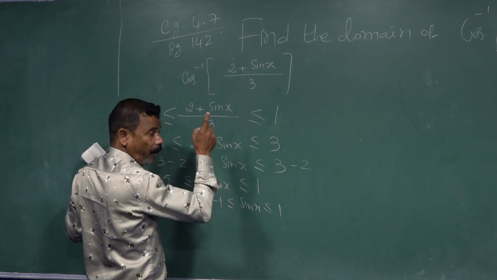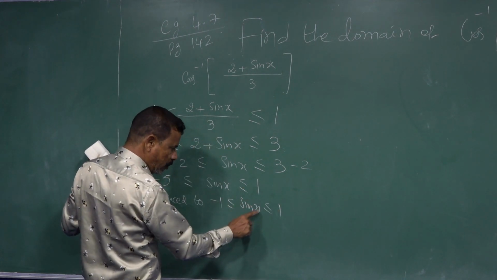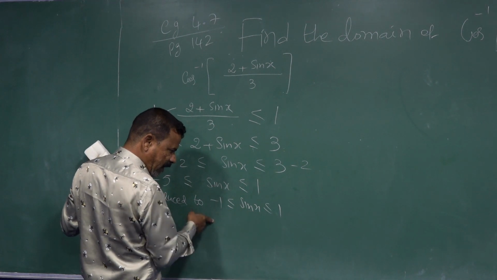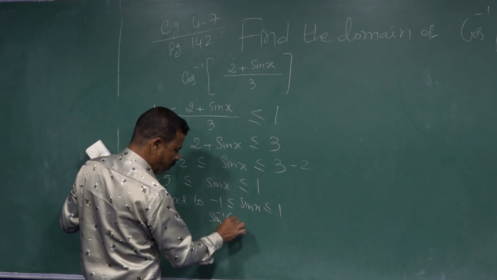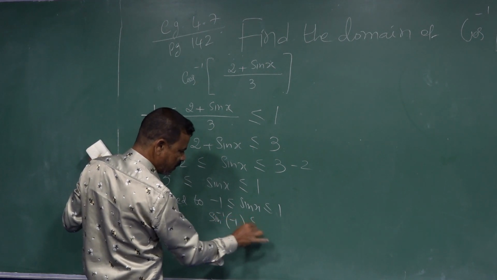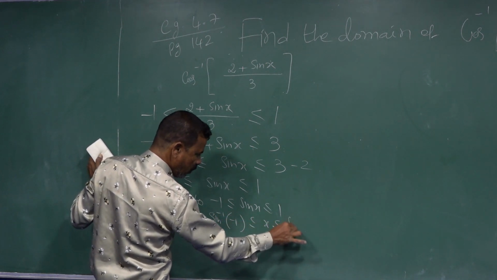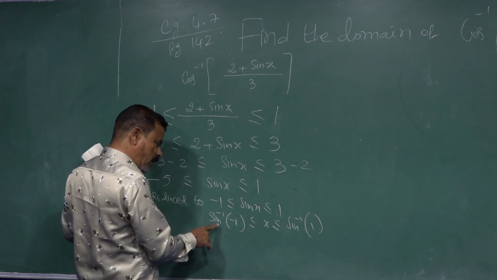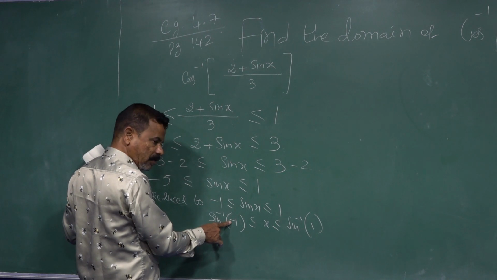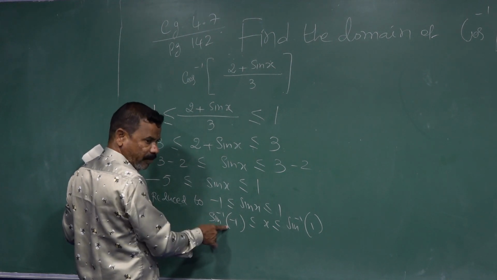He is asking for the domain. Domain means the x value. So taking sin inverse on the left side and right side: sin inverse of minus 1 is less than or equal to x less than or equal to sin inverse of 1. Sin inverse of minus 1 is minus sin inverse 1.